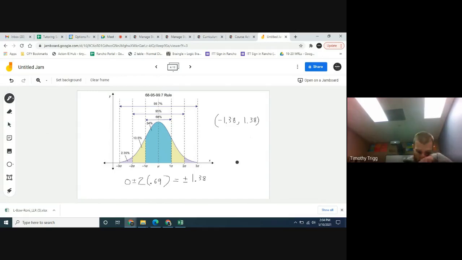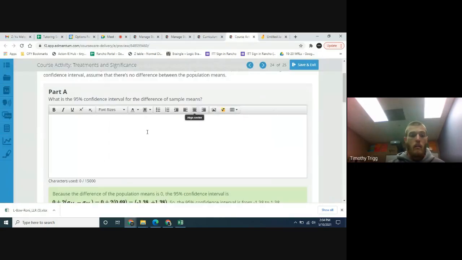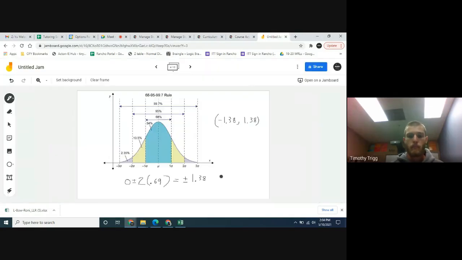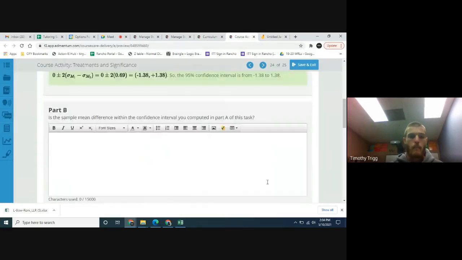Okay. So this is your 95% confidence interval. That's what we're going to put here. Now our sample mean was 1.74. The sample mean differences. So what does that mean?